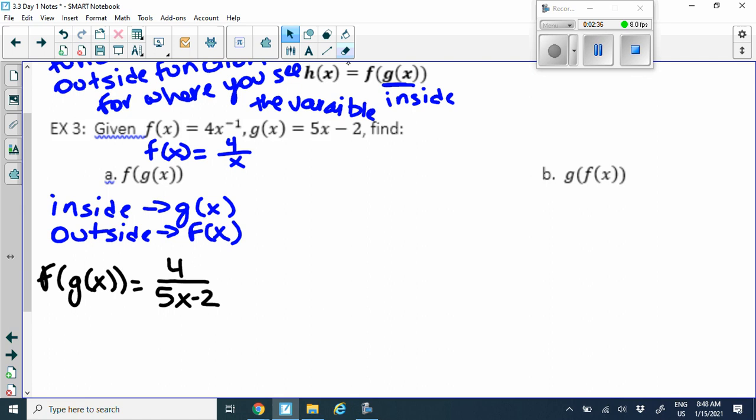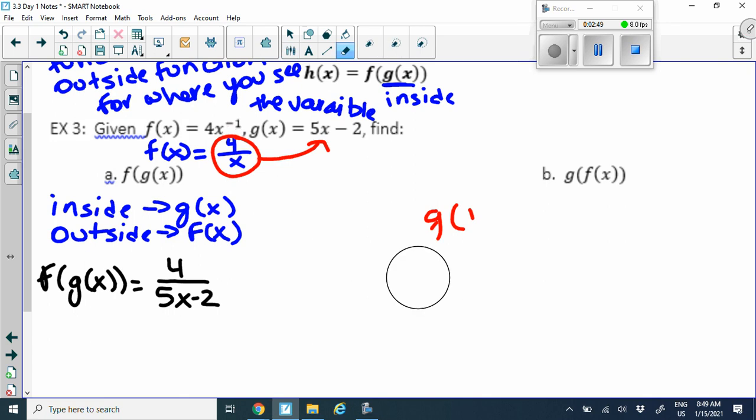Now what we're going to do is take our 4 over x and plug it in for our x here on part B. So now I have g of f of x. So f of x is now the inside function.